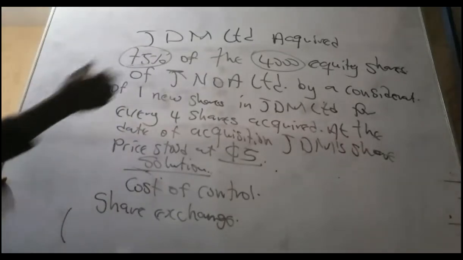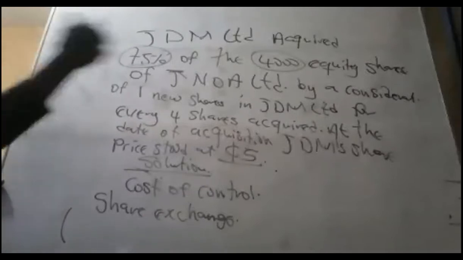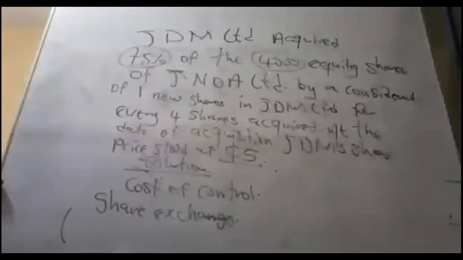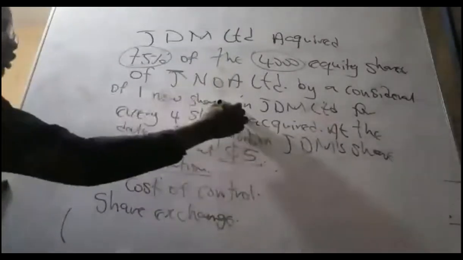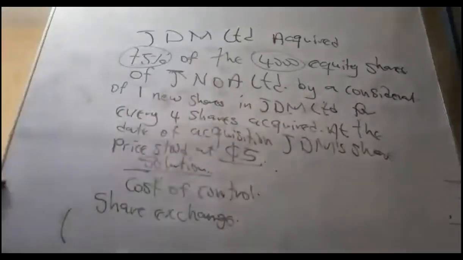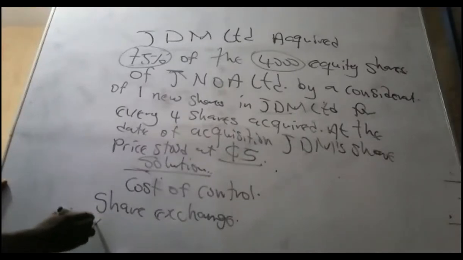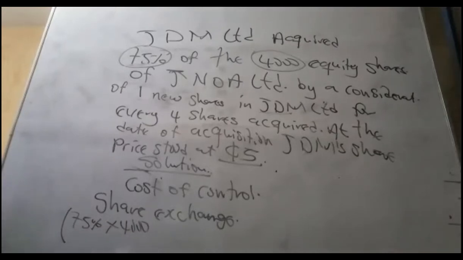How did JDM pay for these 3,000 shares? Money wasn't there, right? So JDM decided to issue some of the shares to cater for the payment: 1 new share in JDM for every 4. So here, 75% times 4,000 gives us the number of shares acquired.